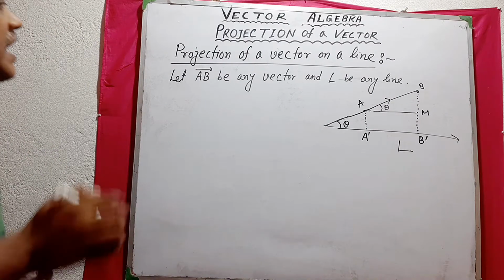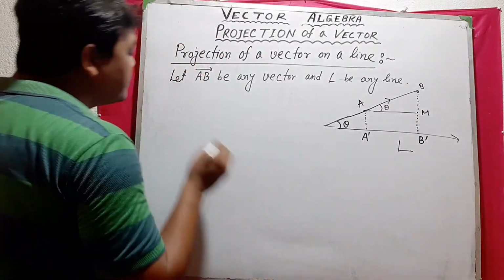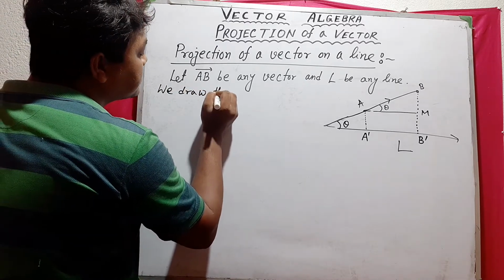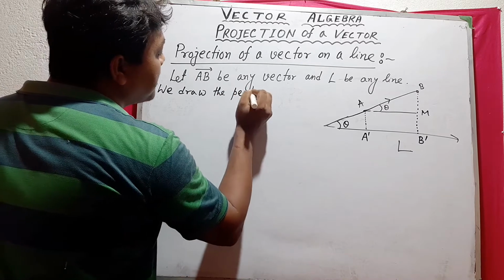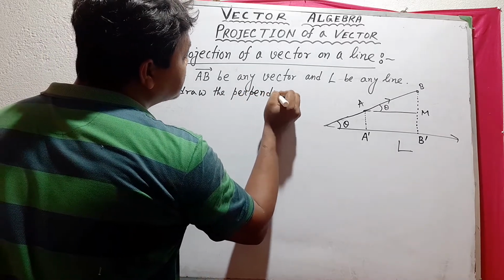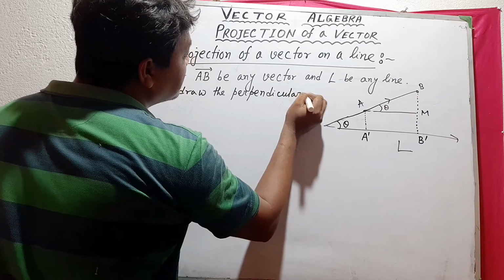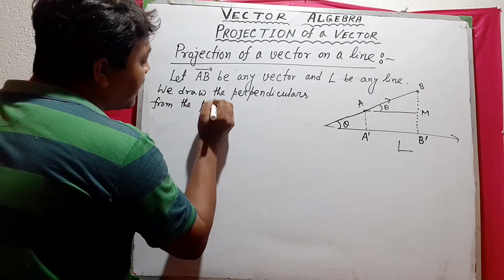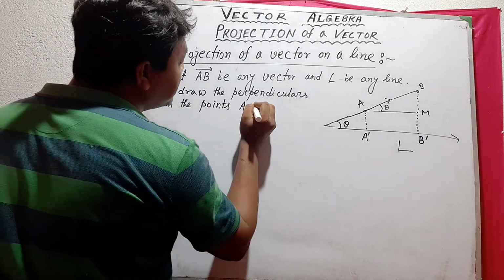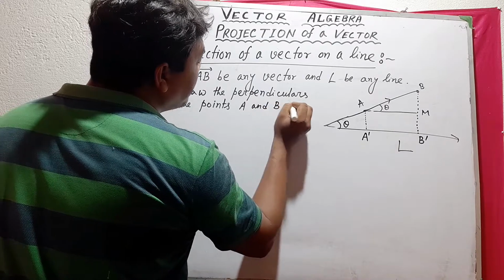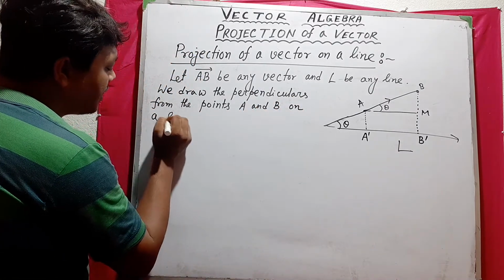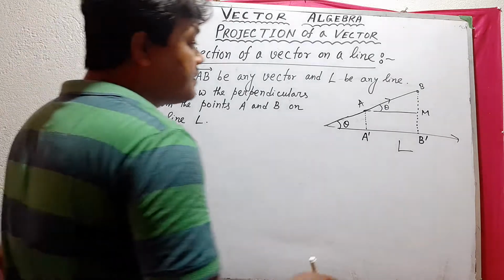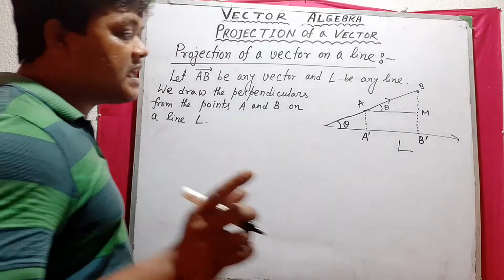So let AB be any vector and L be any line. We draw the perpendiculars from the points A and B on the line L, and which meet at the points A prime and B prime.